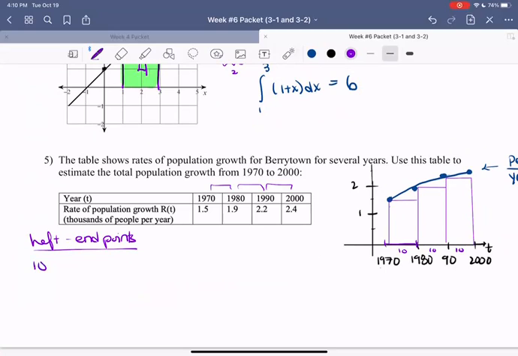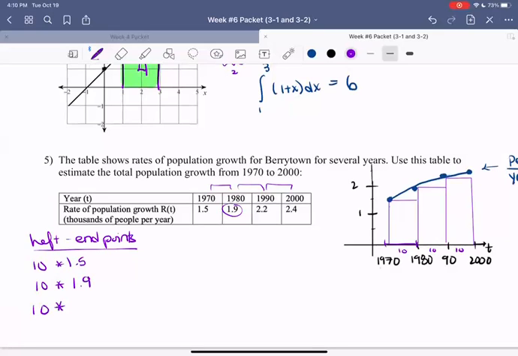My change is going to be 10 for each. The first one has a height of the output value at 1970, so that would be 1.5. My next rectangle has an endpoint where 1980 is, so 1.9. My next rectangle would be 10 times 1.9.